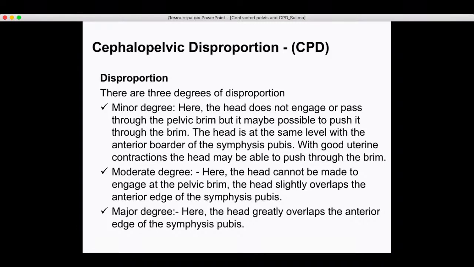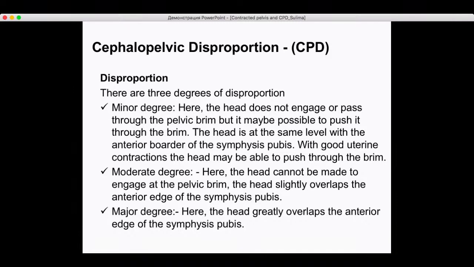The head is at the same level as the anterior border of the symphysis pubis. In this case, if you have good uterine contractions and good engagement of the fetal head, the head may be able to push through the brim. This is a good obstetrical situation.